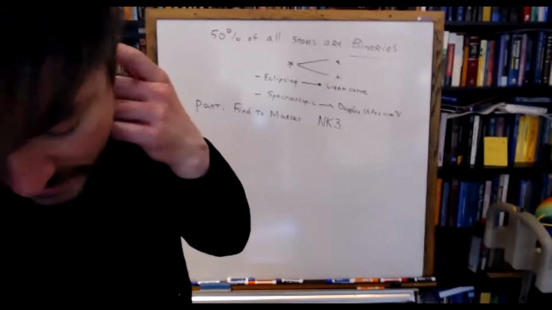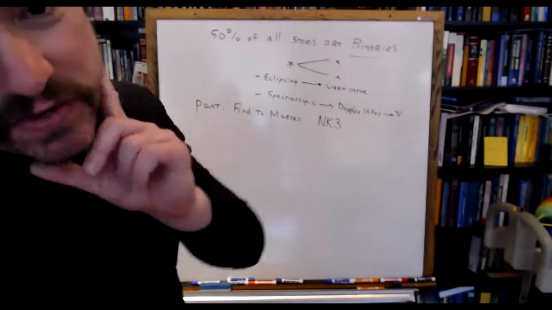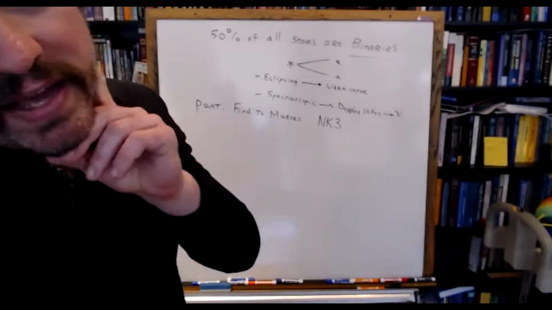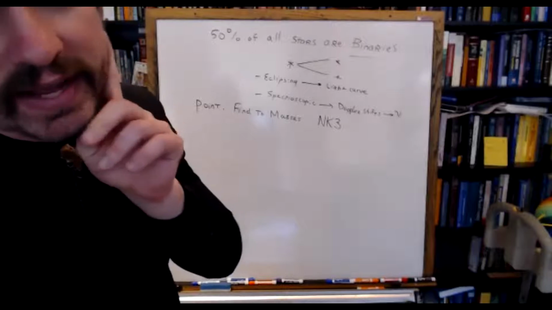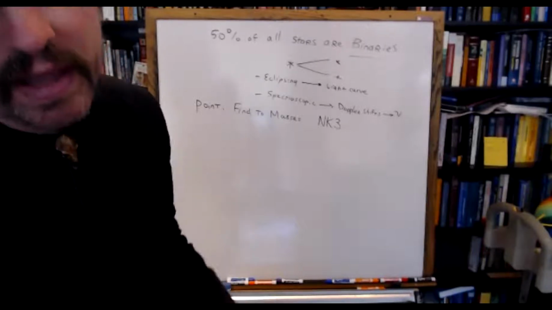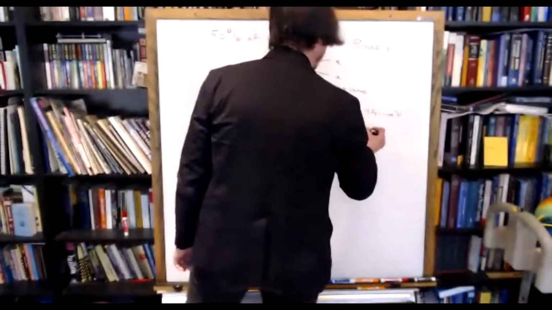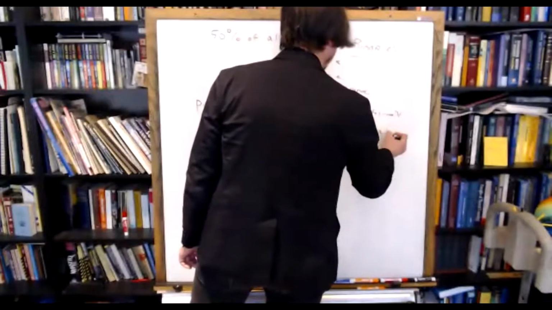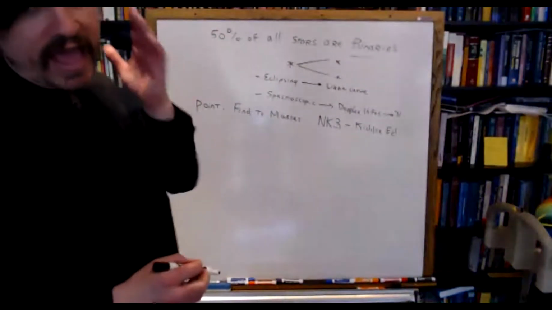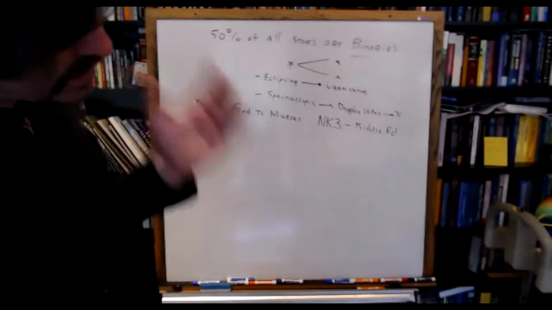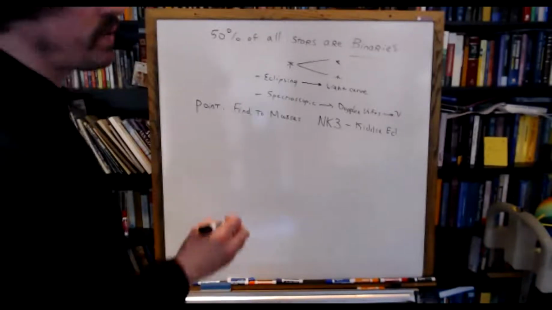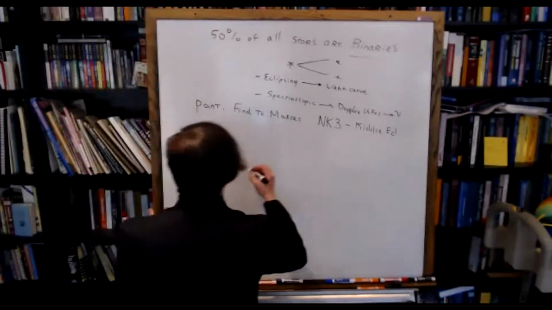Okay, so listen, there's a simplified version of NK3 that you guys had not earned the right to use until now. I'm going to show you something called NK3, the Kiddie edition. The Kiddie edition is going to allow us to calculate the masses of stars quite simply. It goes something like this.